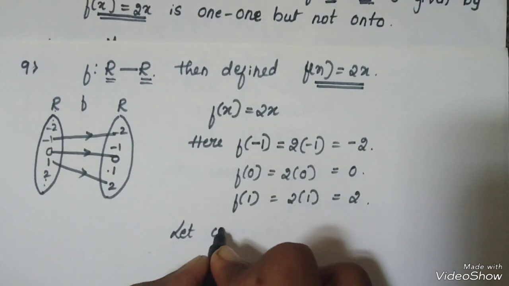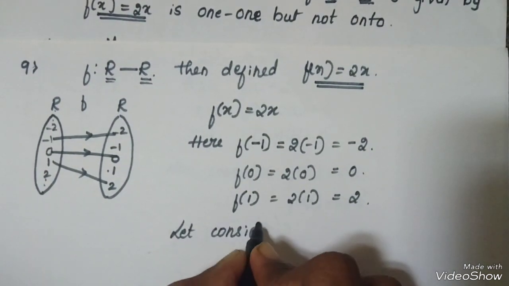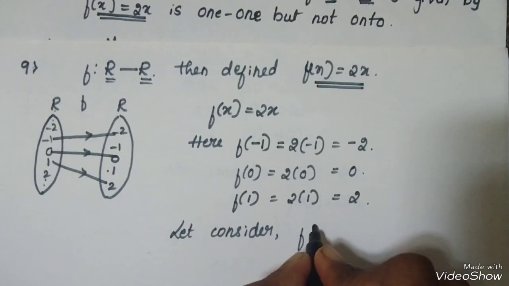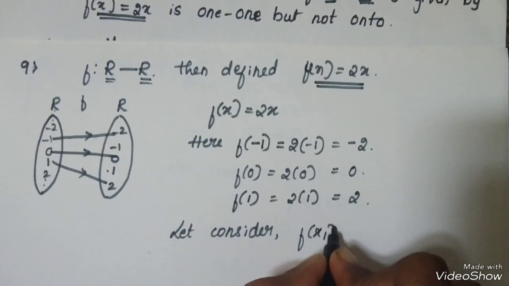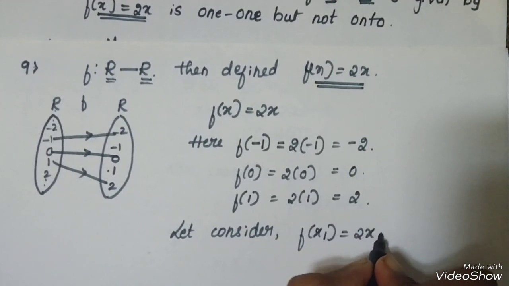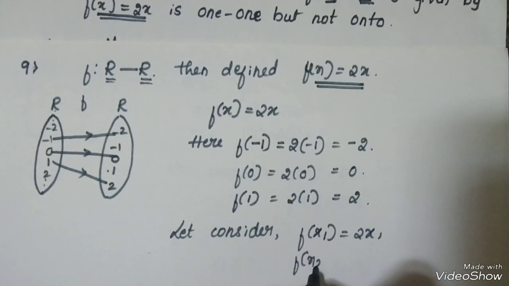Let us consider f of x1 is equal to 2x1, and f of x2 is equal to 2x2.